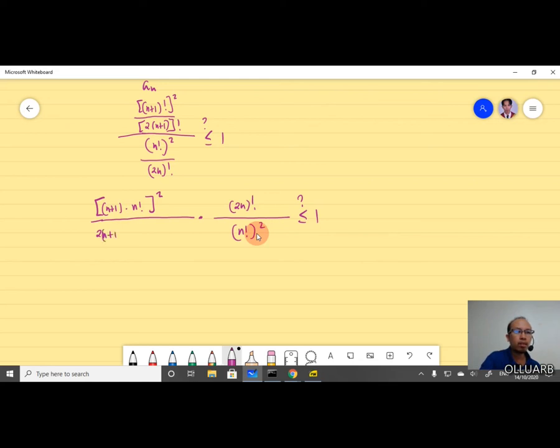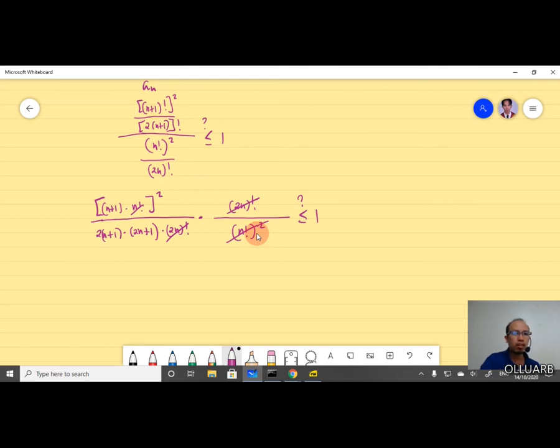And here we have, in the denominator, you have to simplify 2n plus 2 times the quantity 1 times 2n plus 1 times 2n factorial. Okay, so what we will do here is that we can cancel out this one, cancel out also this one here.